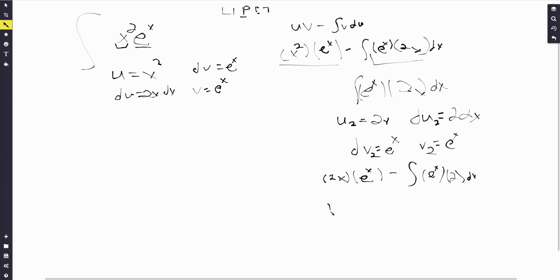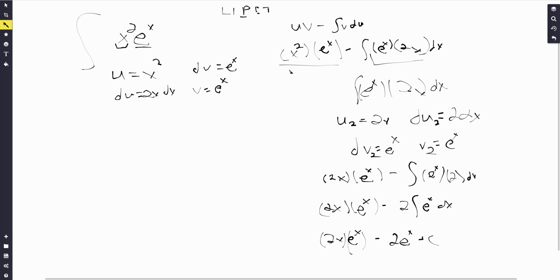All we have to do is keep this 2x times e to the power of x, minus, we move that 2 to the front, the integral of e to the power of x dx. And then this just becomes 2x e to the power of x, let me just add parentheses, minus 2 e to the x plus c.